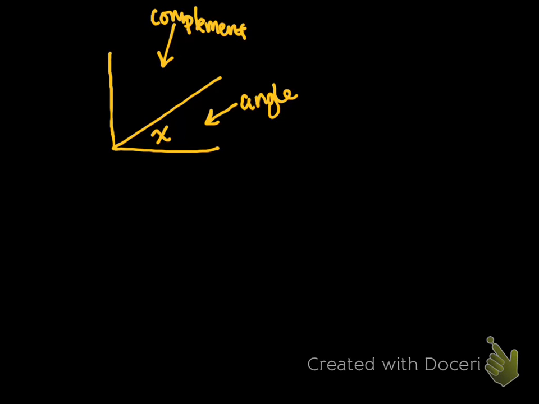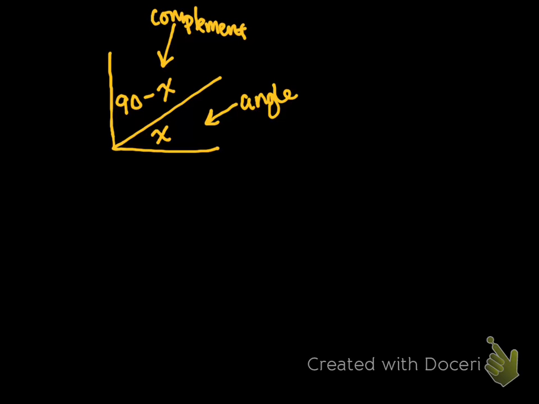We're going to call this complement 90 minus x instead of saying another variable, because we don't know what x is. We don't know what we have to add to it. But we do know our total has to be 90, and whatever our angle is, we can subtract out of that to find our complement.